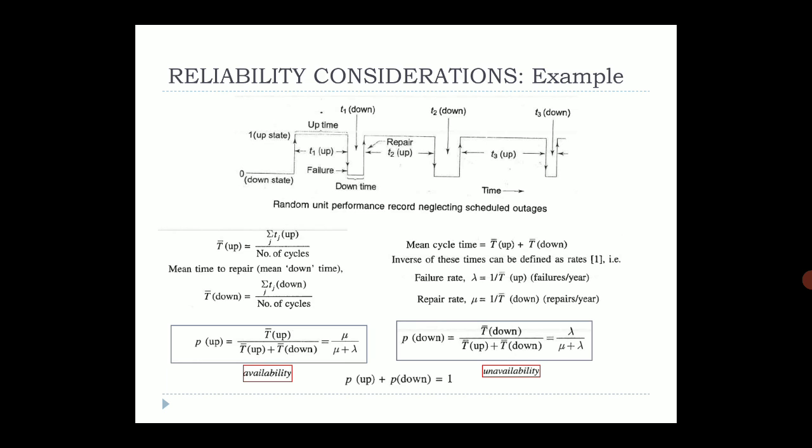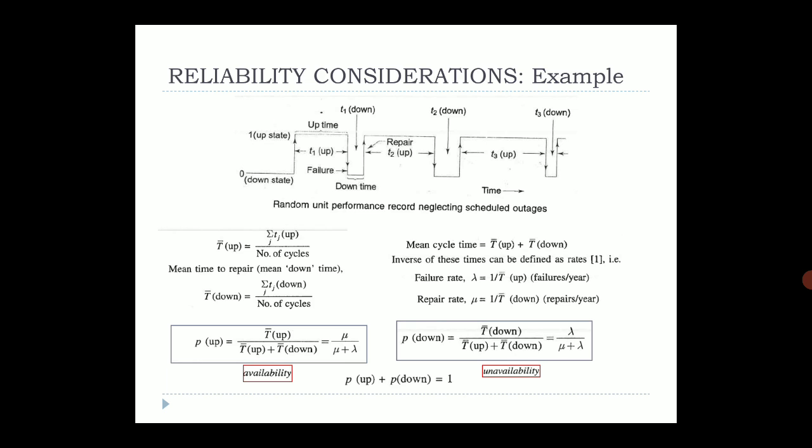The inverse of these times can be defined as rates. So you can say lambda is the failure rate and mu is the repair rate. So you can see 1 by capital T up is the failure rate, and 1 by capital T down is the repair rate. With these different values we can judge the condition or quality of the generator.